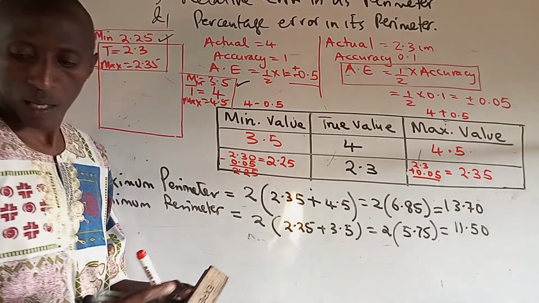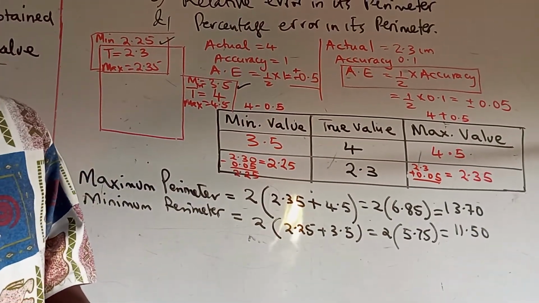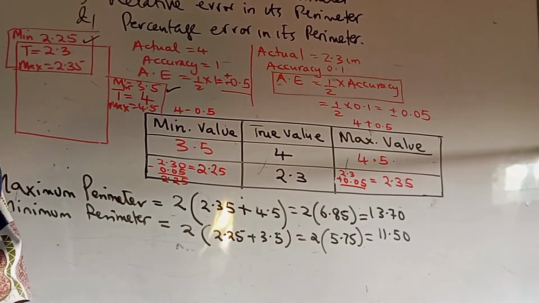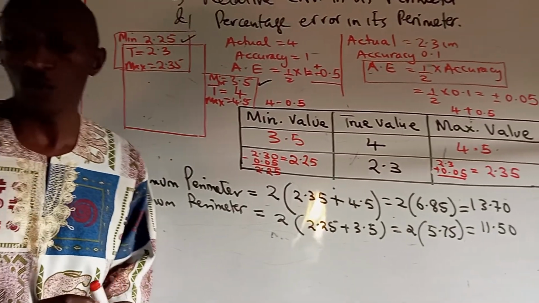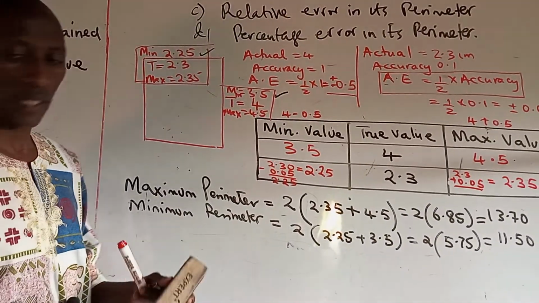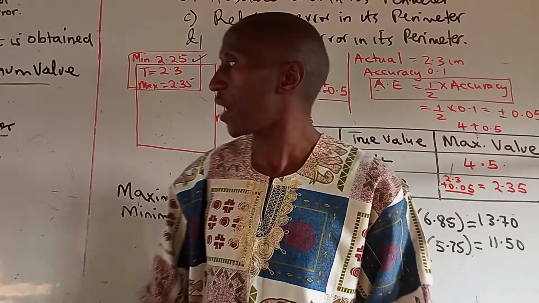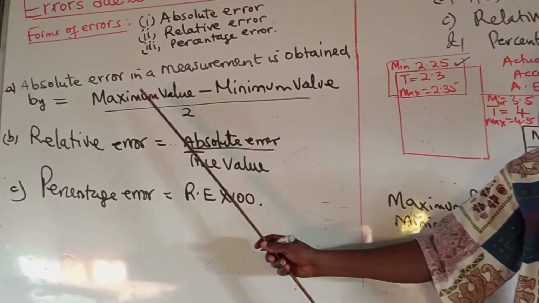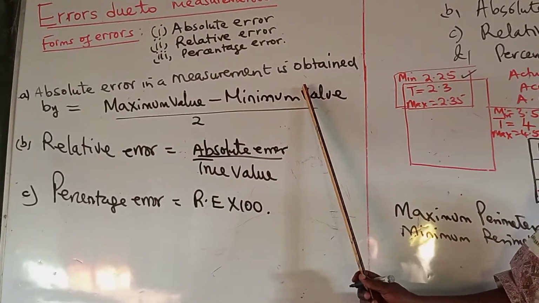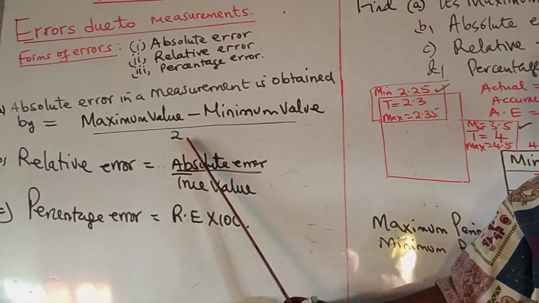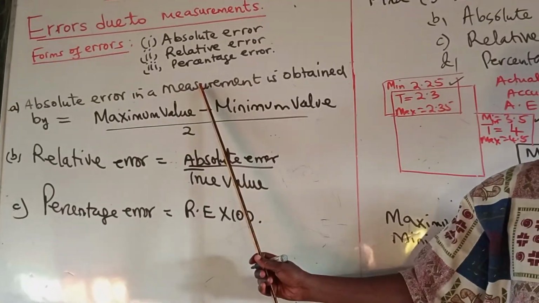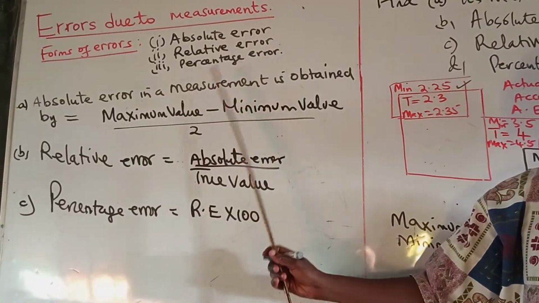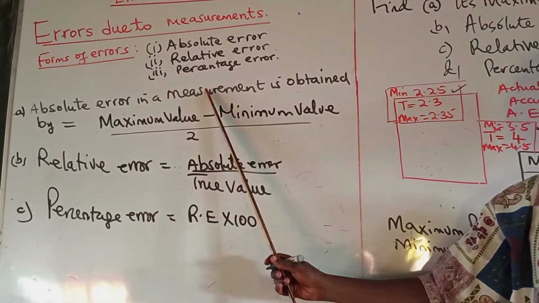Now, with that, we are able to get, as we had put earlier, the absolute error. In that measurement called perimeter, we shall need the maximum minus the minimum, and we divide by 2. So we have a measurement which we require called perimeter, and we've calculated it.